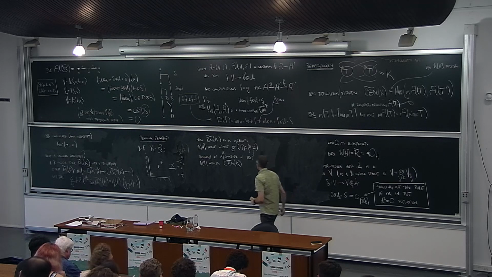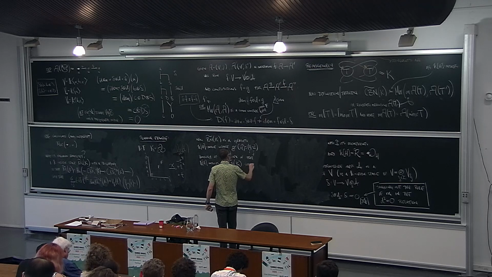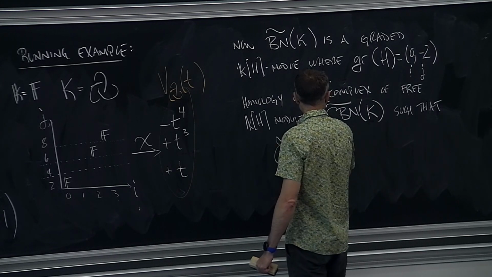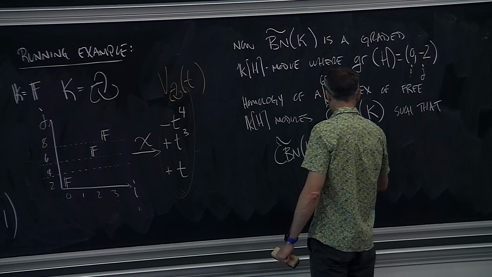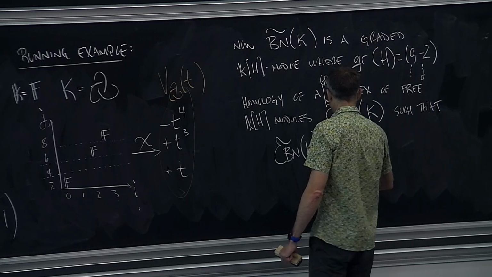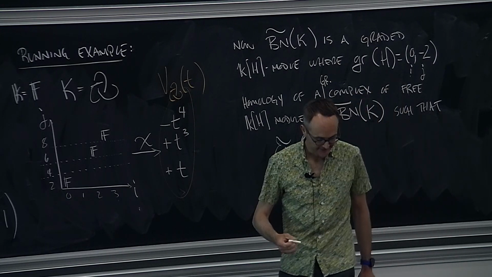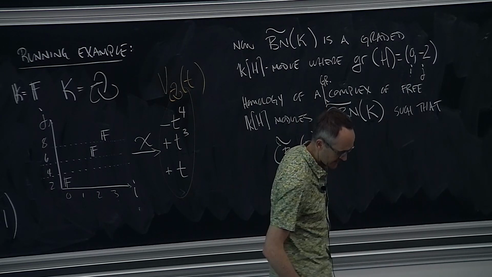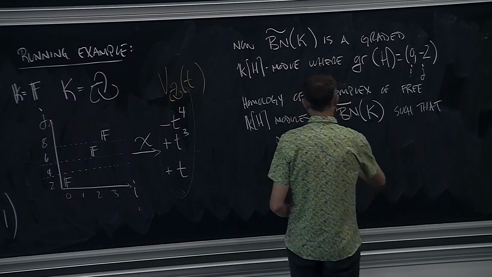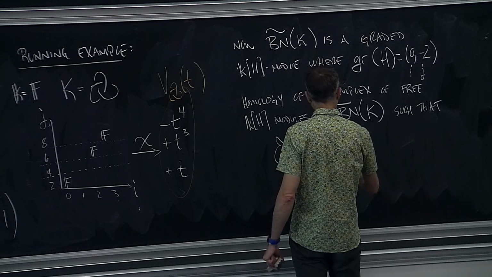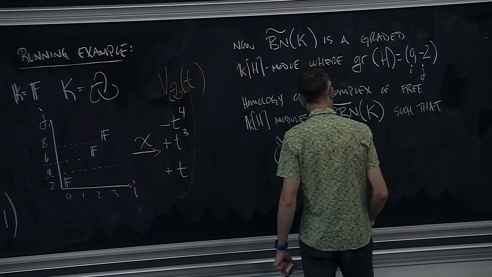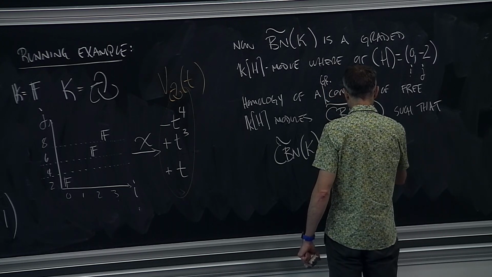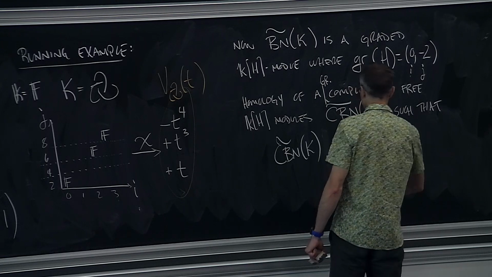Okay, this, if I take CBN of K and I specialize it with its differential specialized, right? So this is the Bar-Natan differential here, but I'm going to set H equals 0.